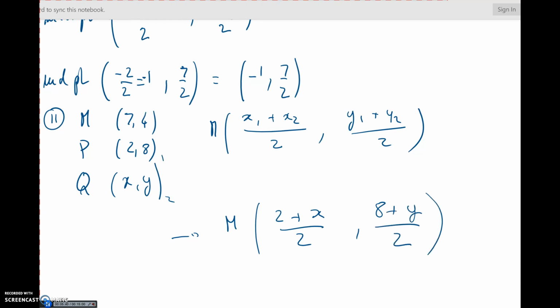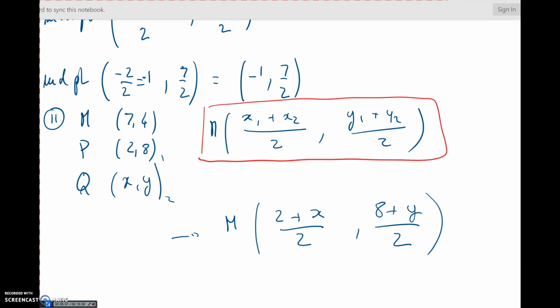Do you agree? Your point 1 is P, your point 2 is Q. You following?